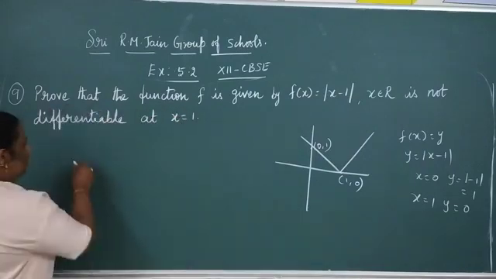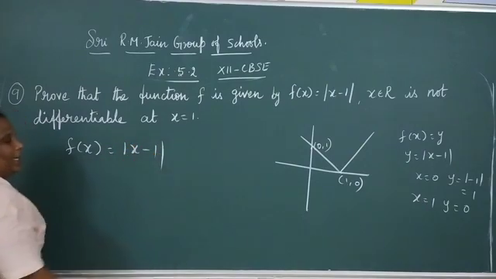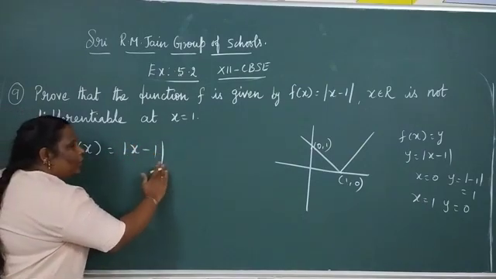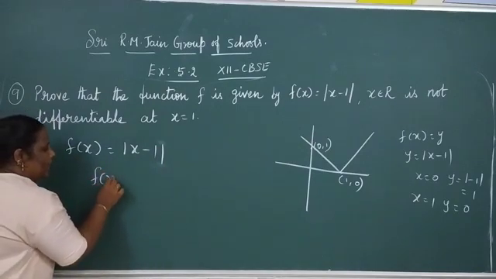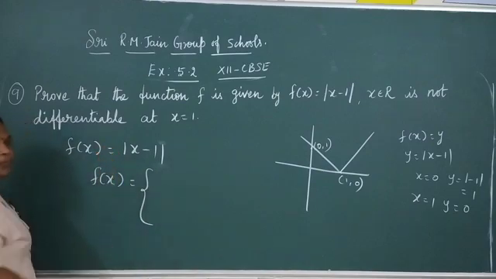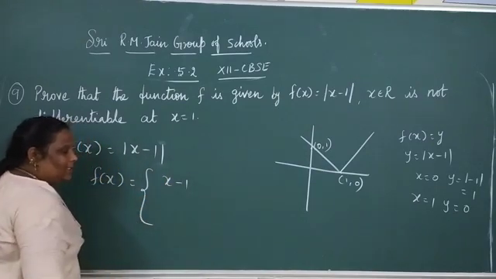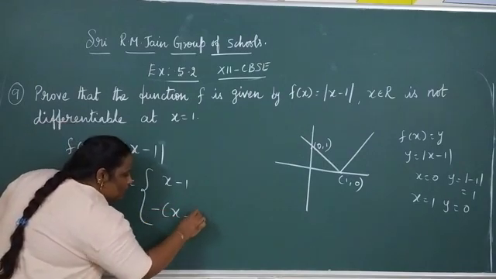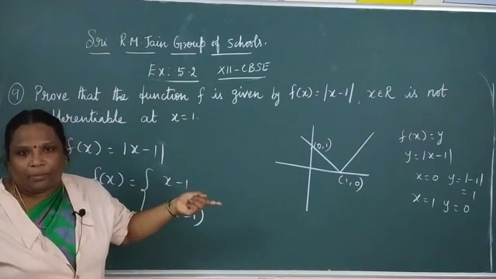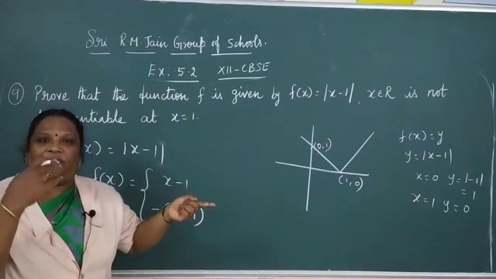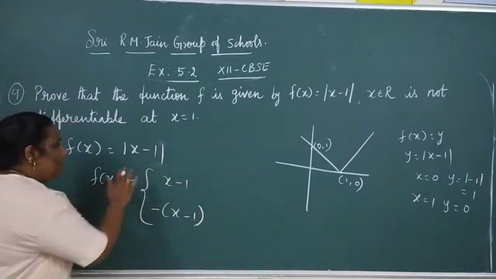See here, f of x equal to modulus of x minus 1. I want to remove this modulus symbol. I will write f of x equal to positive x minus 1, negative x minus 1. The modulus meaning is plus or minus: whatever term, positive or negative, you get the value positive. So I have removed the modulus.